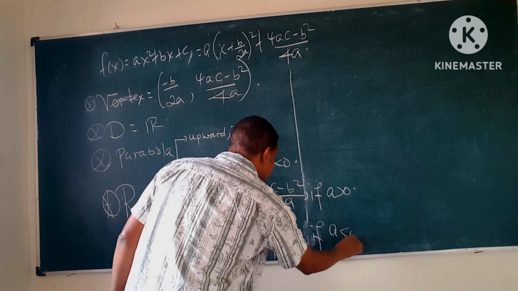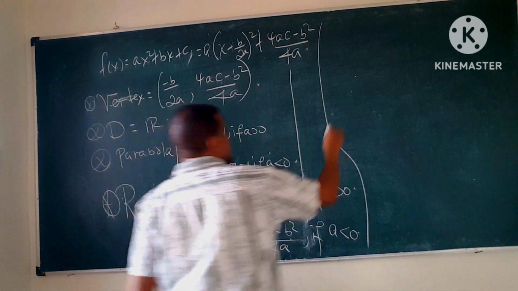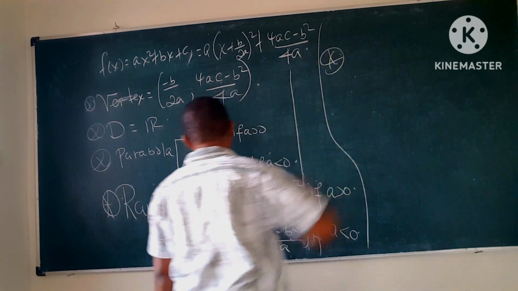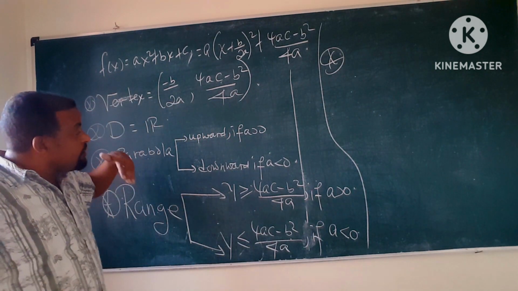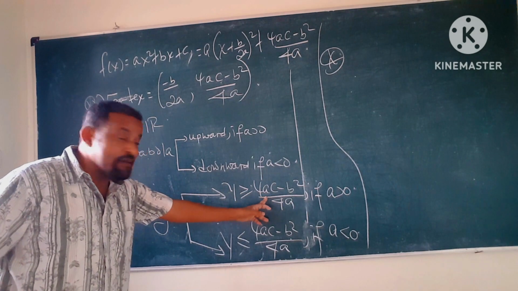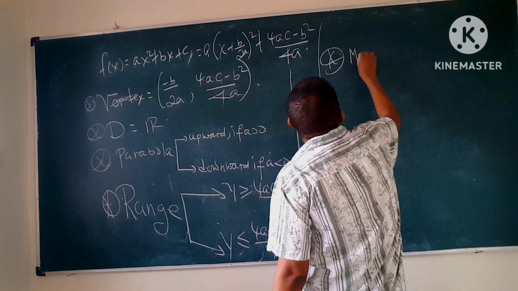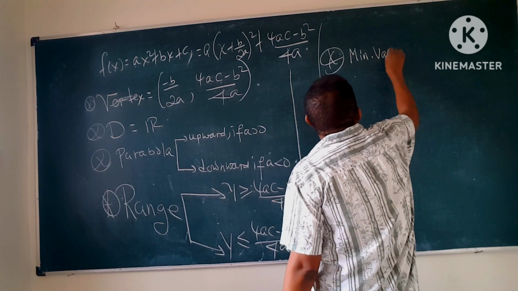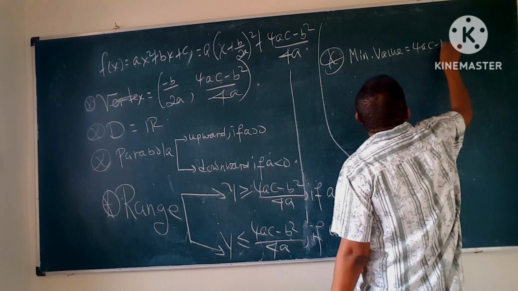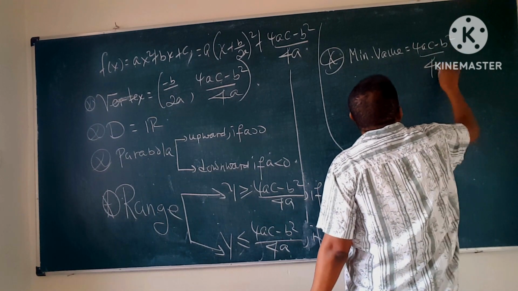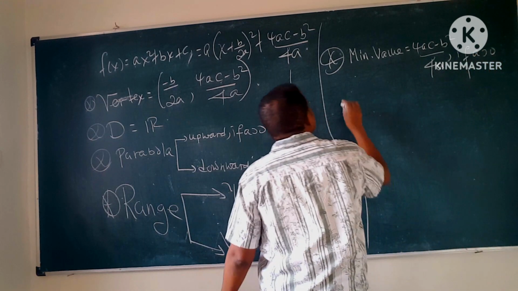Okay, the next property: if the parabola is upward, there is a minimum value, equal to (4ac minus b squared) over 4a, when a is greater than 0.